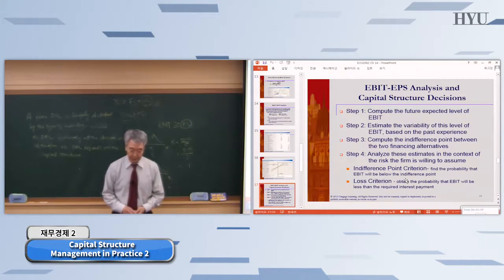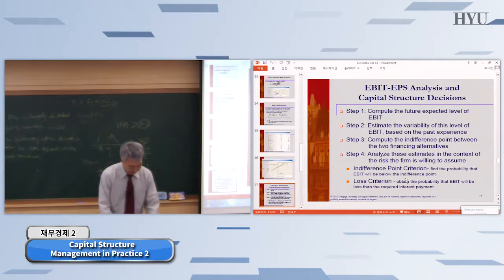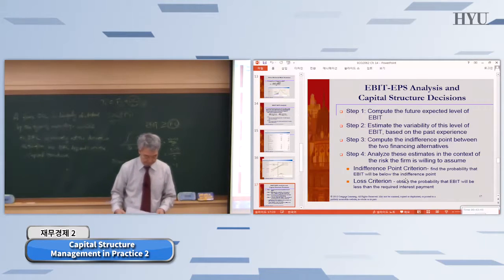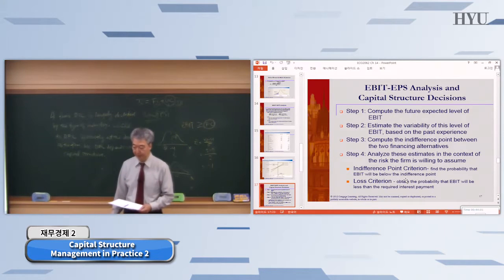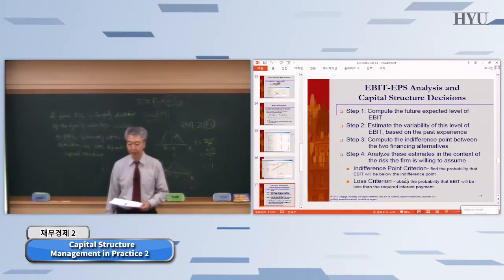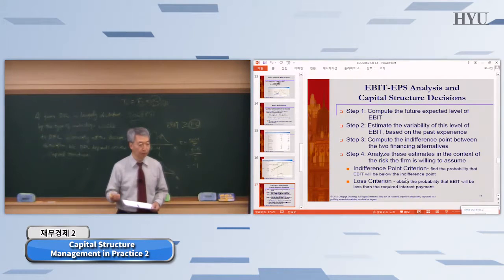So here's an example. The story is we have a company which is considering an expansion project. Okay? So they will need to raise some additional capital, right? And then, of course, the question is what? Should they go for equity financing or debt financing, right?